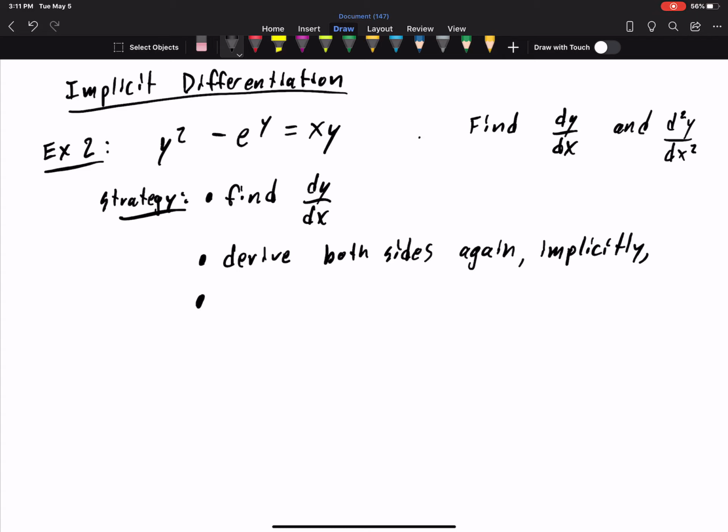And then what we're going to do is plug in the y prime we found earlier, or the dy dx we found earlier. That's the general strategy with this.